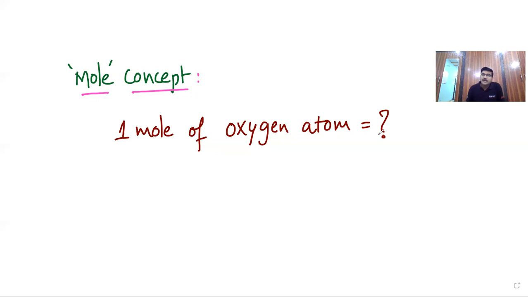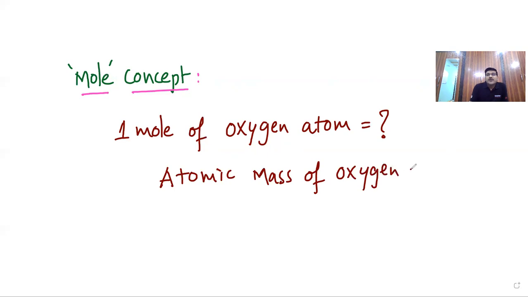Clear? Okay. Now, observe carefully. The atomic mass of oxygen is equal to, just now we have seen how much? 16 AMU, atomic mass units. 16 AMU.